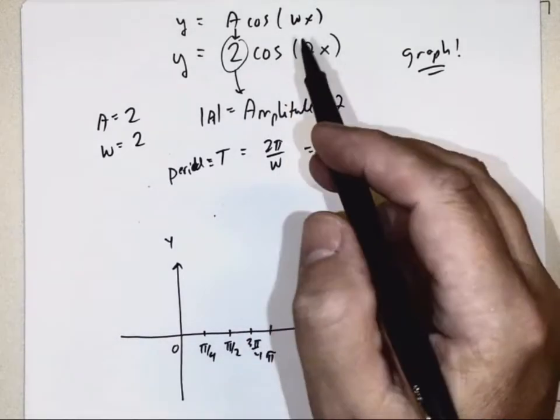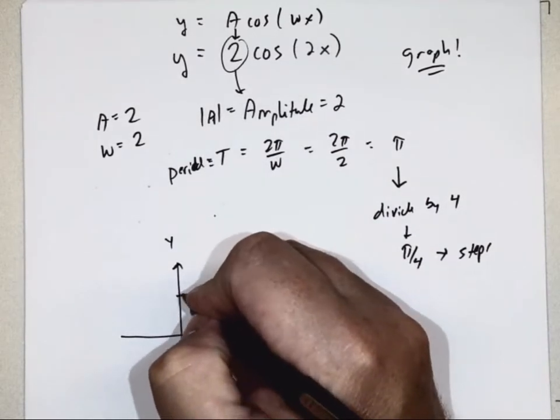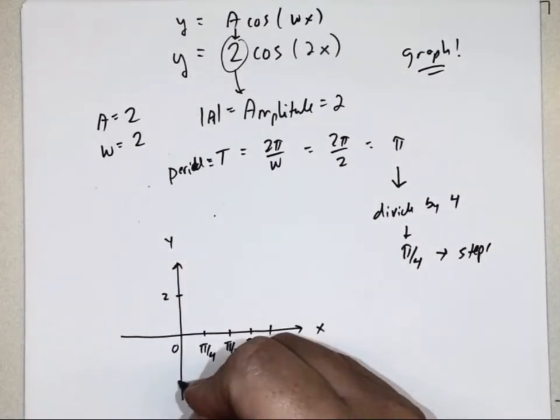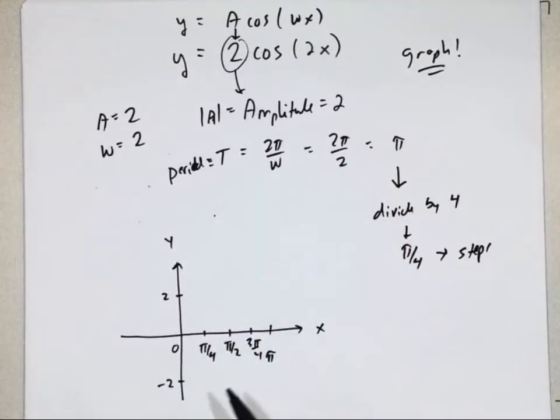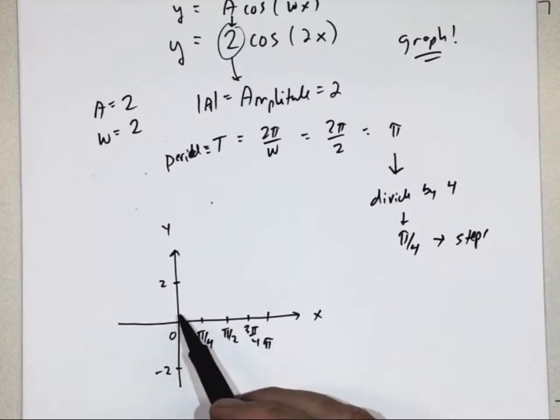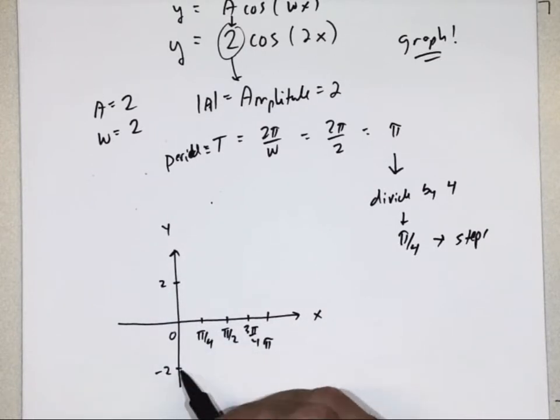Now, since this is a cosine, first of all, also the second thing I didn't mention, since my amplitude is 2 now in my graph, instead of putting a 1 there, when I draw my graph, it's going to go all the way up to 2 and to negative 2.